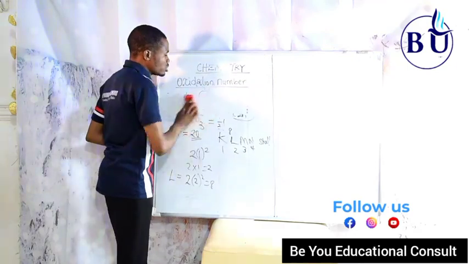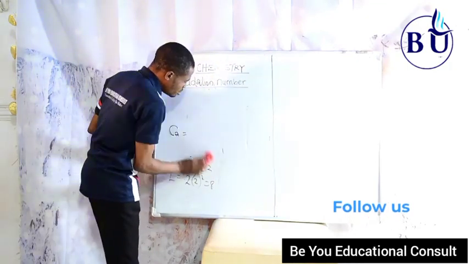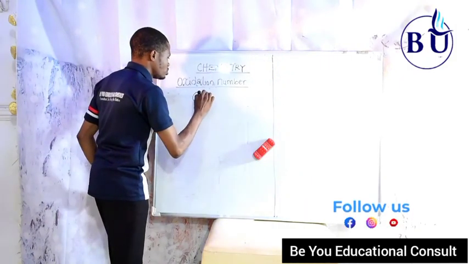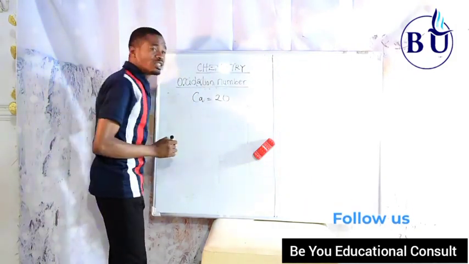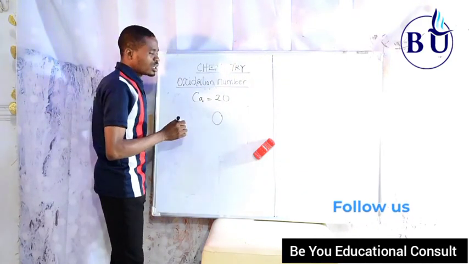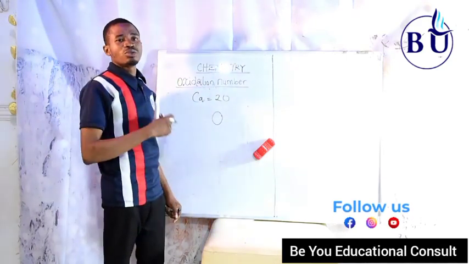So what am I trying to say? I'm dealing with this element called calcium, calcium 20. If I want to represent it in terms of the shells, remember the rule says you fill it single before you add double.